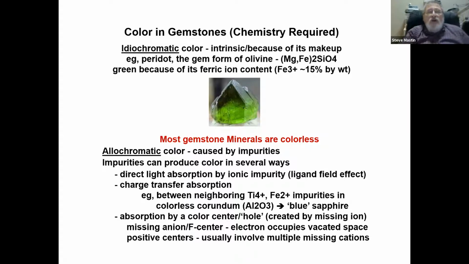And you can have all sorts of impurities that produce color. You can have ionic impurities, transition metal impurities like the ferric ion, and they produce color depending on something called the ligand field effect.